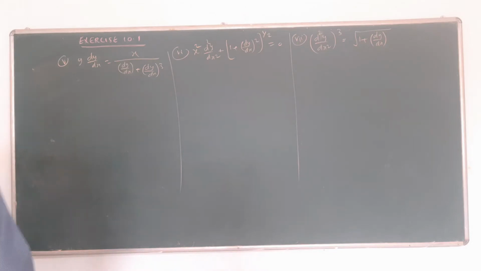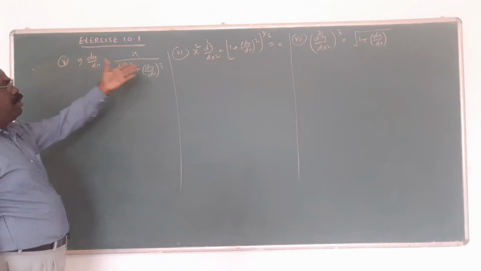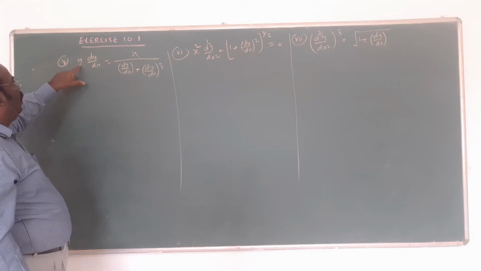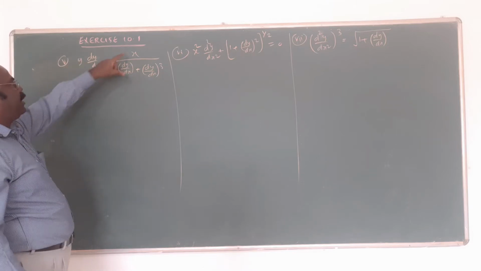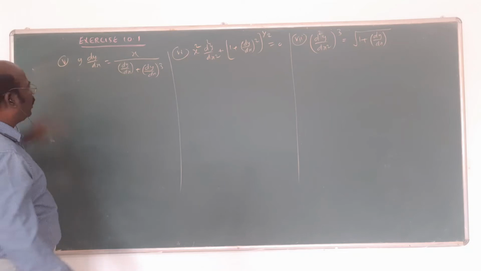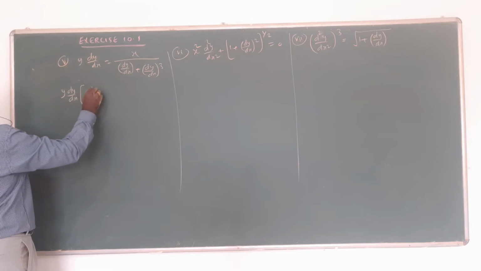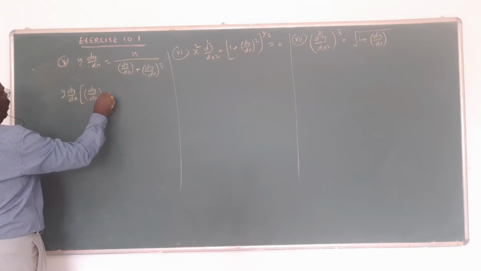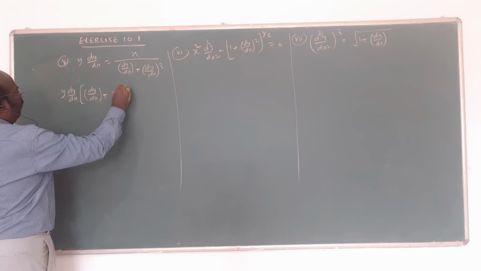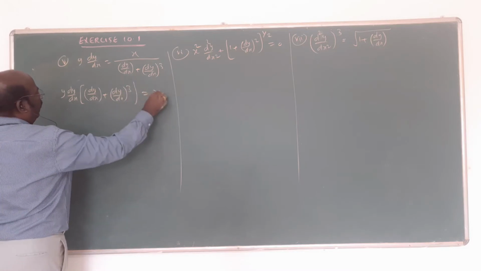Now fifth question. Find the order and degree of y into dy by dx equal to x plus something. Now cross multiply. What is cross multiply? y into dy by dx into dy by dx plus dy by dx whole power 3 equal to x. Understand?